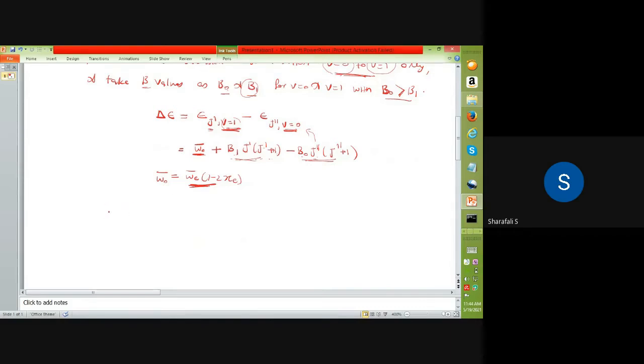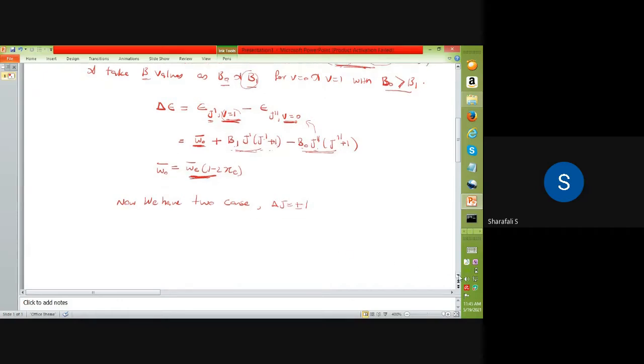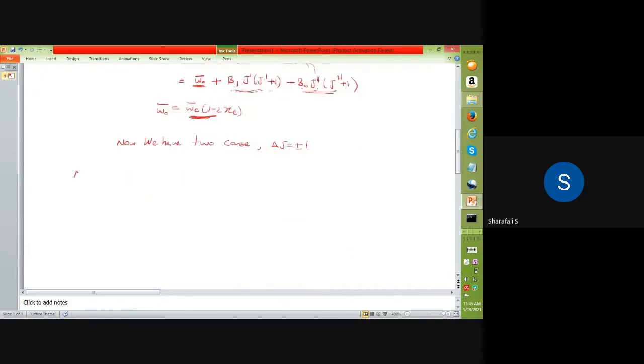Now we have two cases in this particular scenario. First case, that is delta J equal to plus or minus 1. So if we consider delta J equal to plus 1, what will happen? If delta J equal to plus 1, which means that J' equal to J'' plus 1.